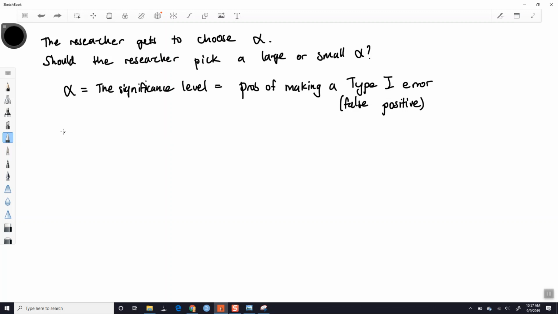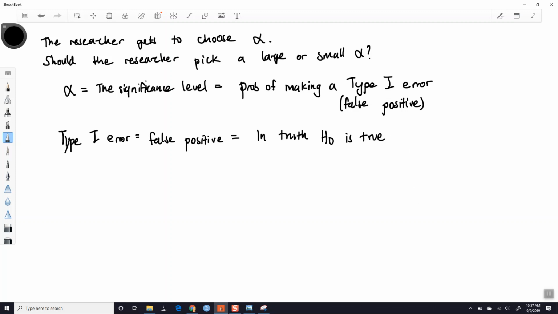Okay, so what is a type 1 error? The type 1 error, or the false positive, means that in truth, because we're always seeking the truth, or we should be, the null hypothesis is true.